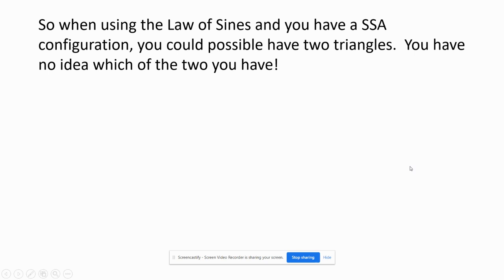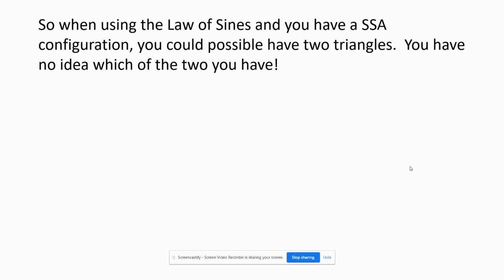So when you're using the law of sines and you have the side-side-angle configuration, you could have two possible triangles, and you have no idea whether you have one triangle, two triangles, or no triangle at all. Now, please note, it is only that configuration that you have to worry about.